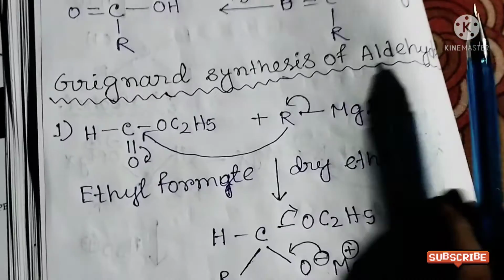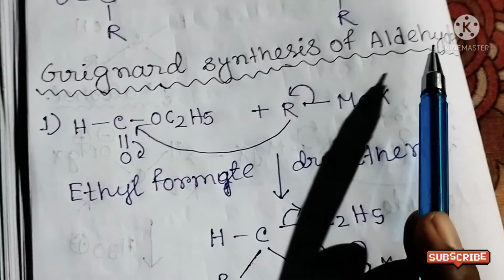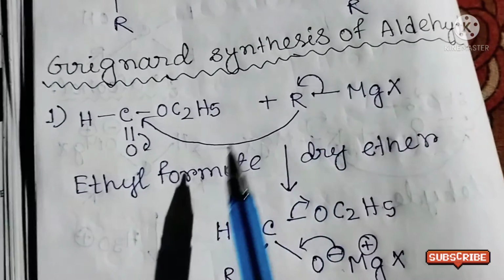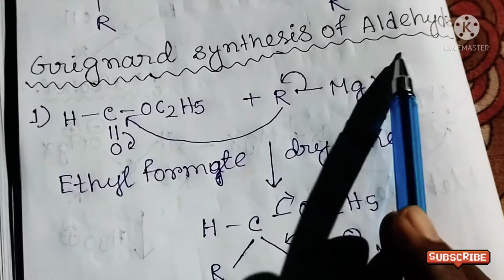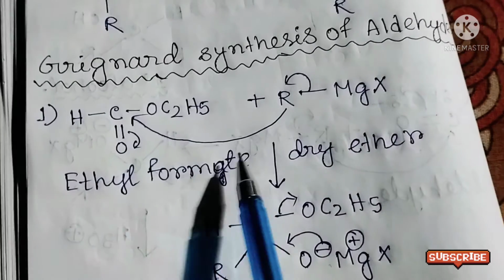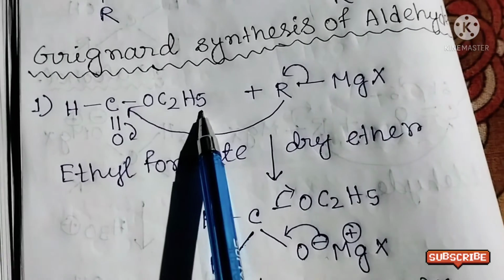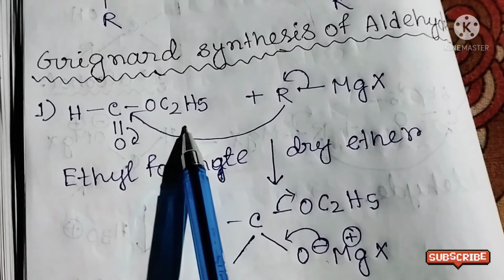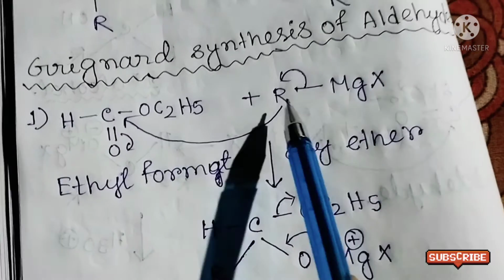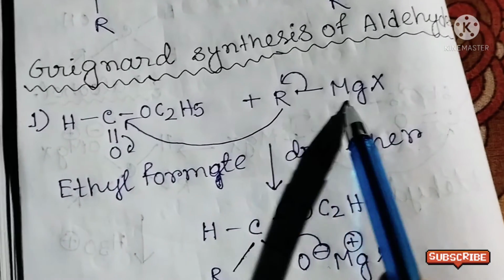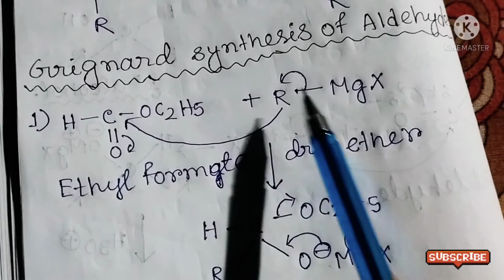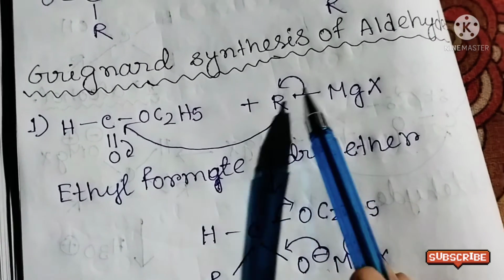Now next we see Grignard synthesis of aldehyde. For synthesis of aldehyde by Grignard reagents, we take ethyl formate, HC double bond O OC2H5. This is ethyl formate and it reacts with Grignard reagent in the presence of dry ether. The same case will happen here.